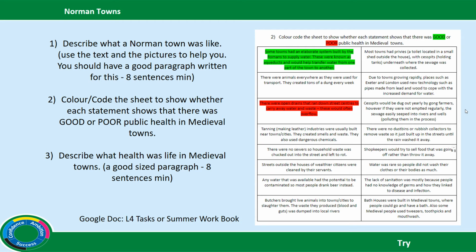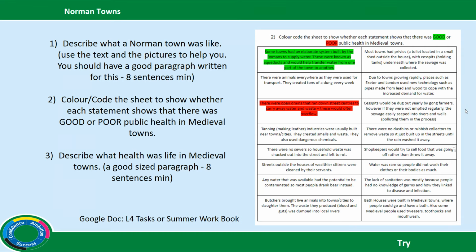Now on the Google Doc, or you can use your summer workbook, you have a text and some pictures which will help you with this question. Try and aim for a good paragraph, about 8 sentences. You then have a section or a table which you can colour code to show whether each statement shows that there was good or poor public health in medieval towns.